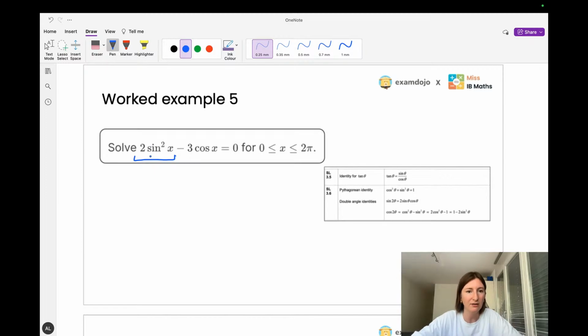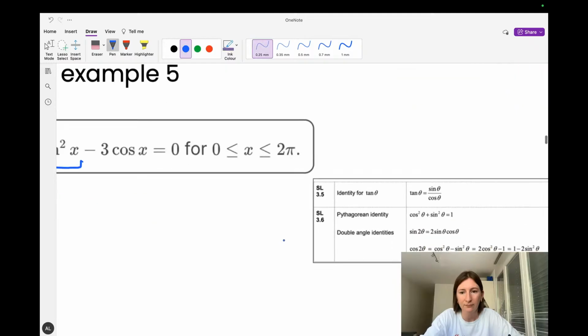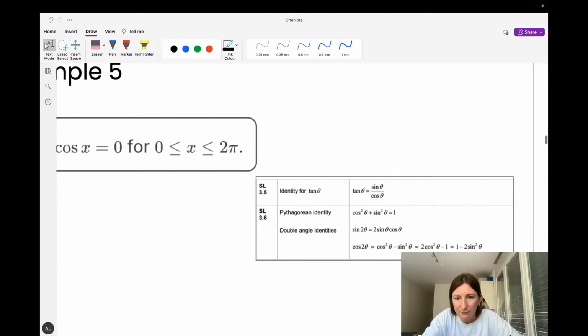So sine squared x, I want to get in terms of cos because I already have cos in my equation. So if I look for sine squared x, where's sine squared x? Here, there I have a sine squared x. Also here I have a sine squared x.